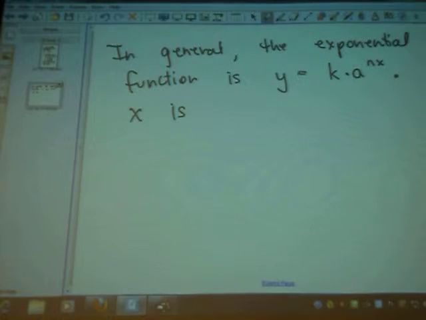X is your variable there, so everything else will be replaced by numbers. So usually there's 2 constants. They don't have to be 2, there can be 2. You can have a number multiplied in front, not all the time though. And what's n? n would just be a number in front of your x power. So for example, I can make it look like, say, 3.